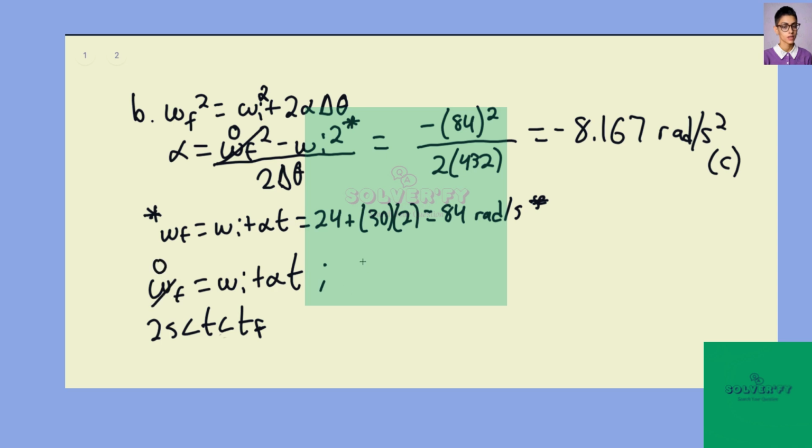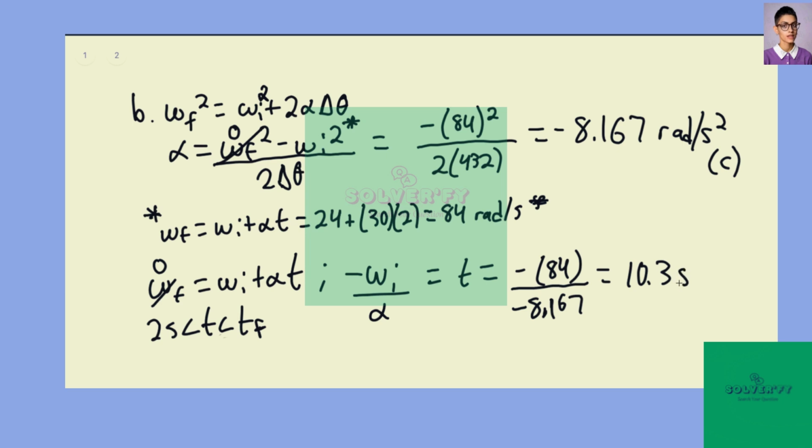So we can simply do negative omega initial over the acceleration is going to equal t, negative 84 over negative 8.167. And this is going to equal 10.3 seconds approximately. So our time total will equal t plus 2 seconds, or 12.3 seconds. This is your answer for B.